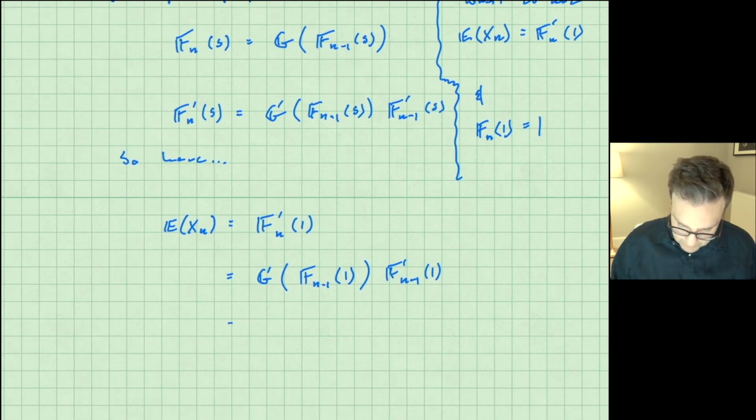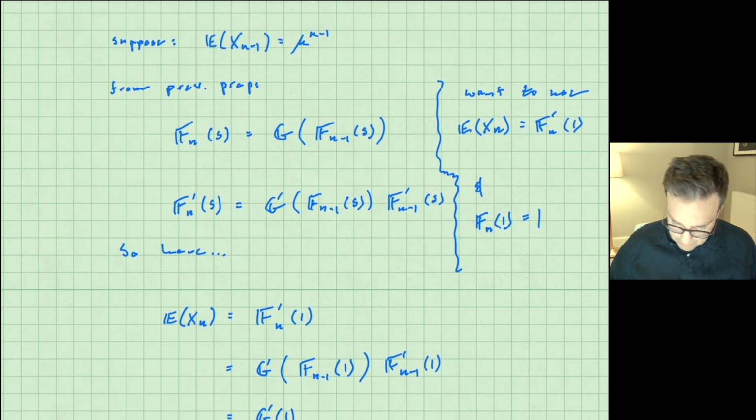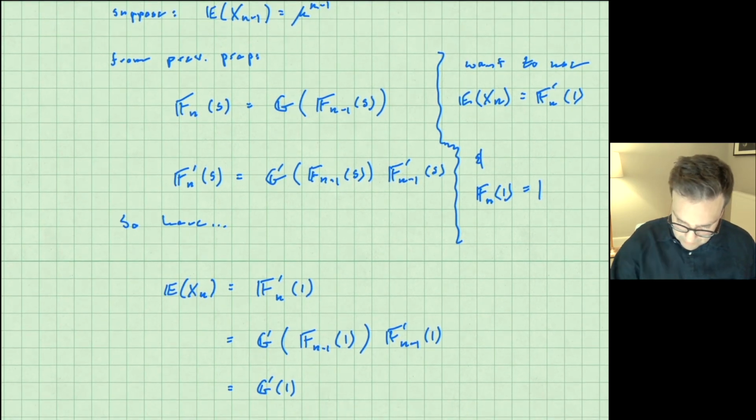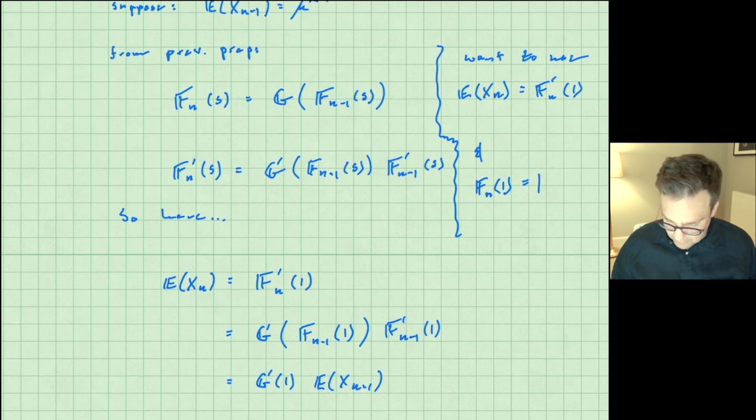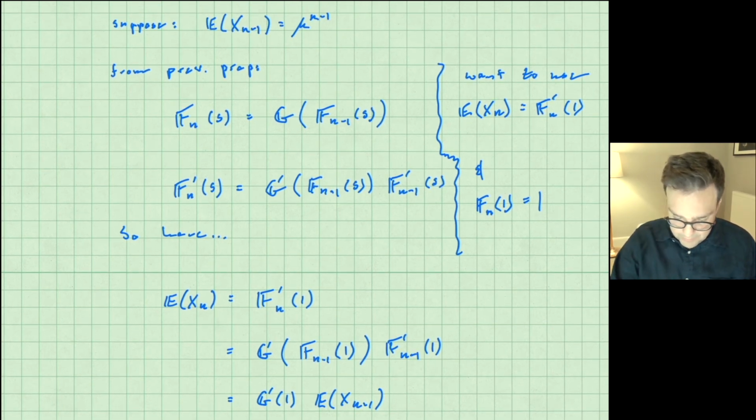Okay, and so what we've got is g prime of 1, and then f prime of n minus 1. So let's just write it out. Right? So that's what goes there. But this was, by assumption, mu to the n minus 1.